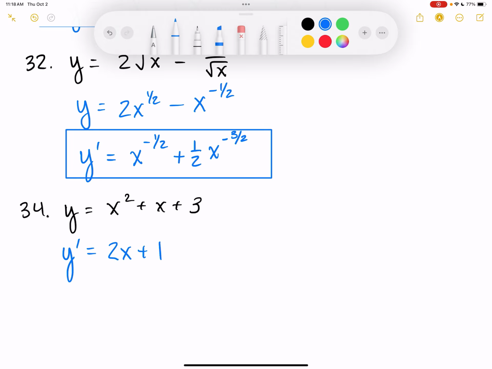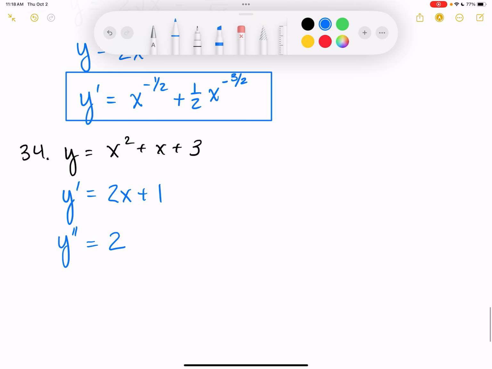Now, when we do the second derivative, we do it as y double prime, so 2 little tick marks, apostrophes, whatever you want to call them. So what would the derivative of this be? 2. Yep. Then the third derivative, we do 3 tick marks. So y triple prime. Derivative of 2 is 0.